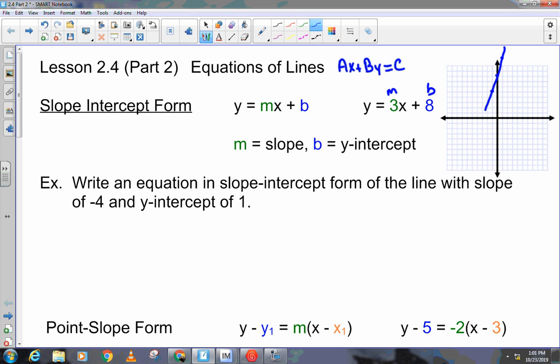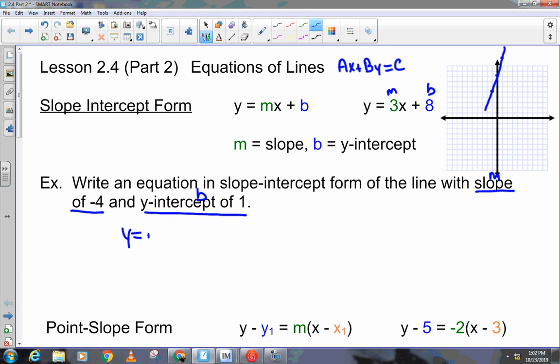And so, if you're given that information, coming up with the equation of the line is pretty easy. This first example here says write an equation in slope-intercept form of a line with a slope of -4 and a y-intercept of 1. Okay, so it gives me my slope, which is my m, and it's -4, and then it gives me my y-intercept, which is my b.